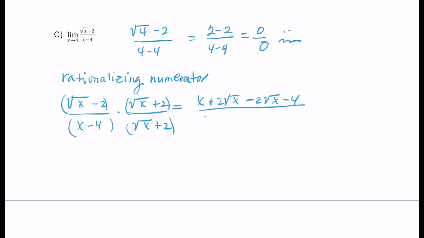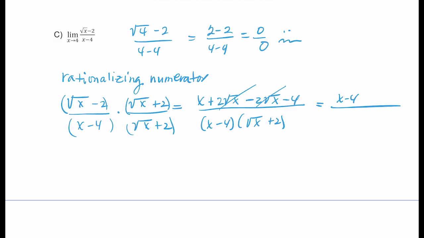And then I'm going to divide that by, again, we're going to FOIL. Well, actually, we don't even have to FOIL the denominator, and I'll show you why. So let's just leave it like this. Okay, and this will make it easier for you. If you FOILed the denominator, it's not wrong. It's just you're doing more work because those two terms are going to cancel. And we're left with x minus 4.